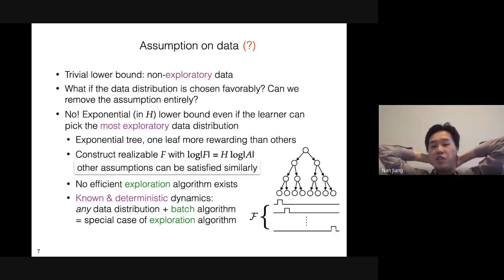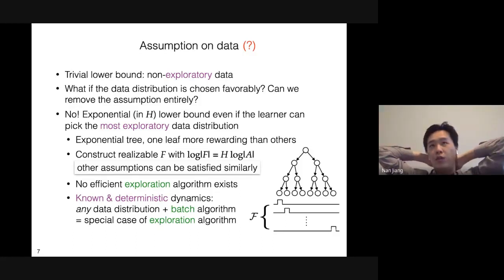This is essentially just a multi-arm bandit with exponentially many arms, and the function class is uninformative. If you know the problem family, you can construct this function class yourself. You don't need me to tell you this function class.